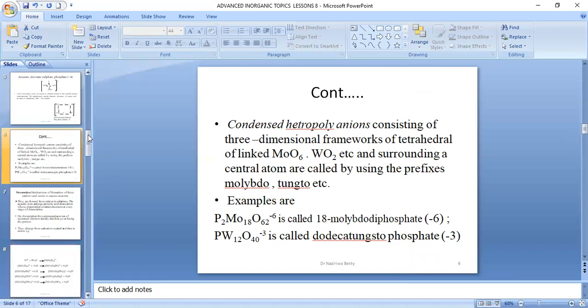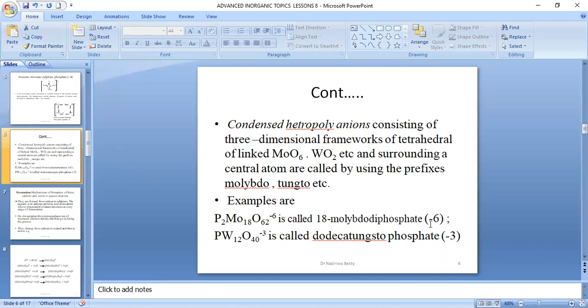Condensed heteropoly anions consisting of a 3-dimensional framework of tetrahedral links and the surrounding central atoms are named by using the prefix molybdo, tungsto, and so on. Examples are these molecules. This one is called 18-molybdodiphosphate -6.